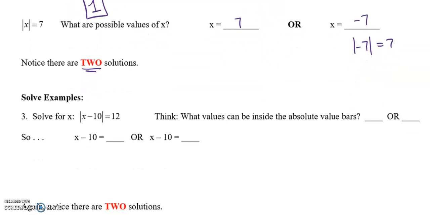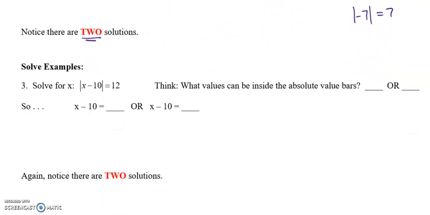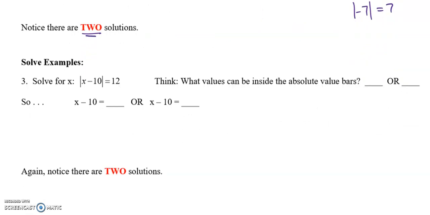Let's say we're going to solve for x, and we have the absolute value of x minus 10 equals 12. So what could go inside those absolute value bars? The absolute value of what is equal to 12? Well, the absolute value of 12 is 12. Also, the absolute value of negative 12 is 12.